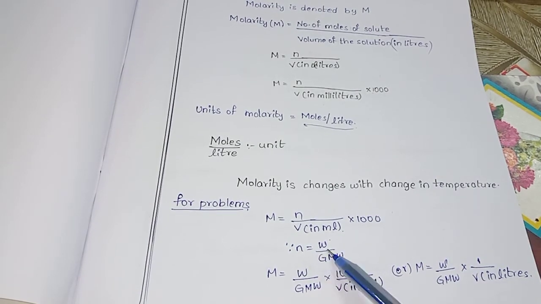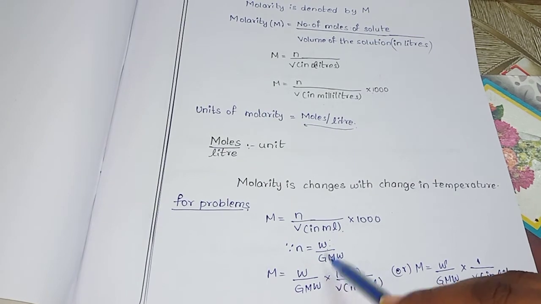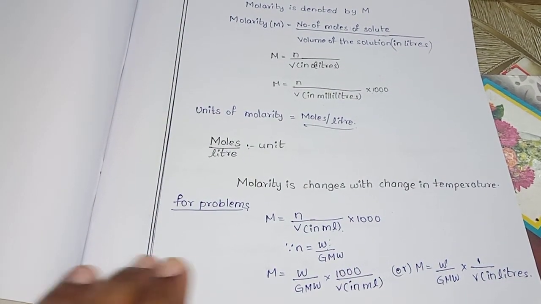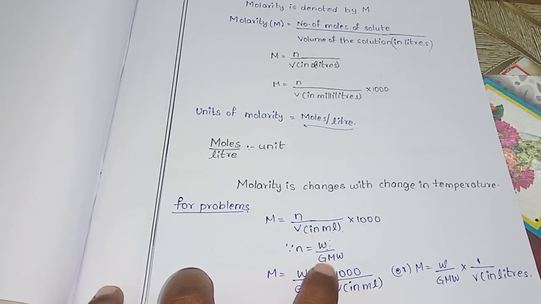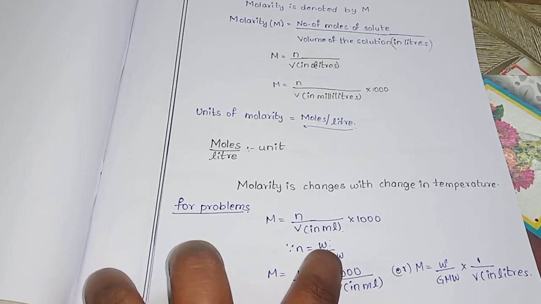Since n is equal to W by GMW, where W is the weight of the given element, that means the solute, and GMW is the gram molecular weight of the element or molecule, and the weight is given in the problem.